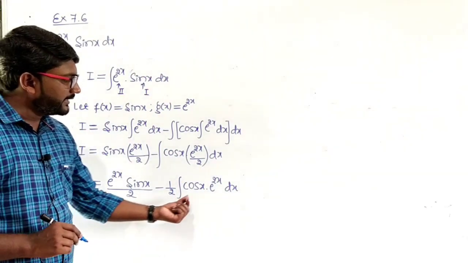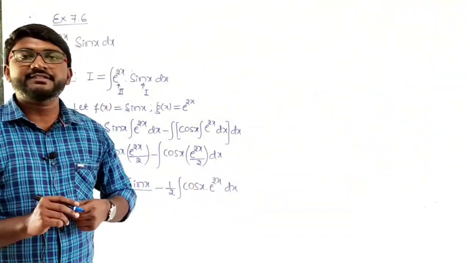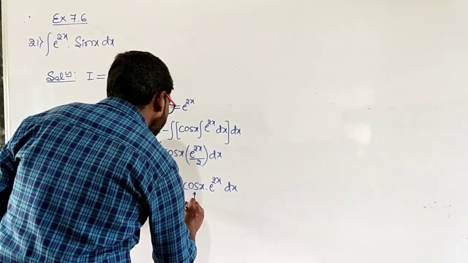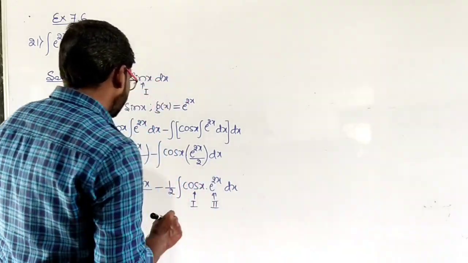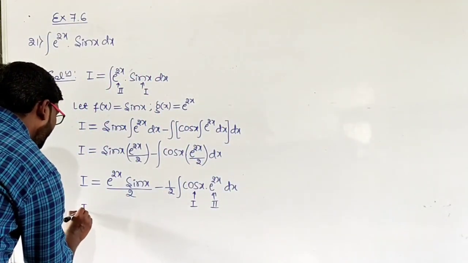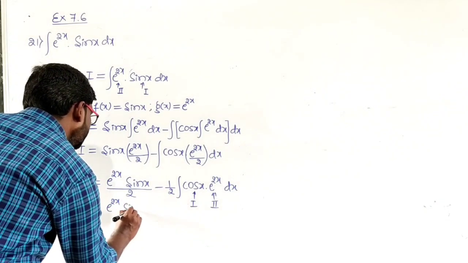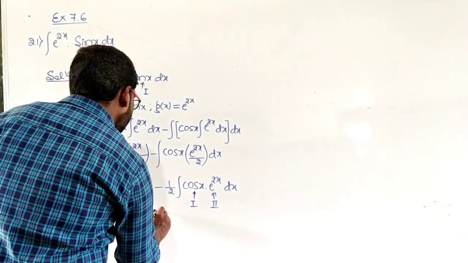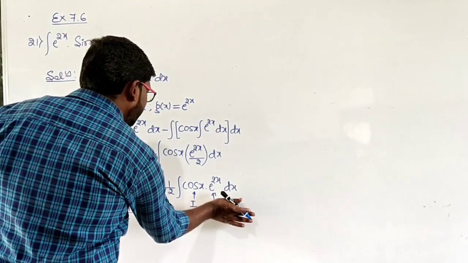Here again we have the product of two functions and we have to integrate this by parts. Take cos x as the first function and e power 2x as the second function. So now I equals e power 2x into sin x divided by 2, then minus 1 by 2, and here we put the main bracket.